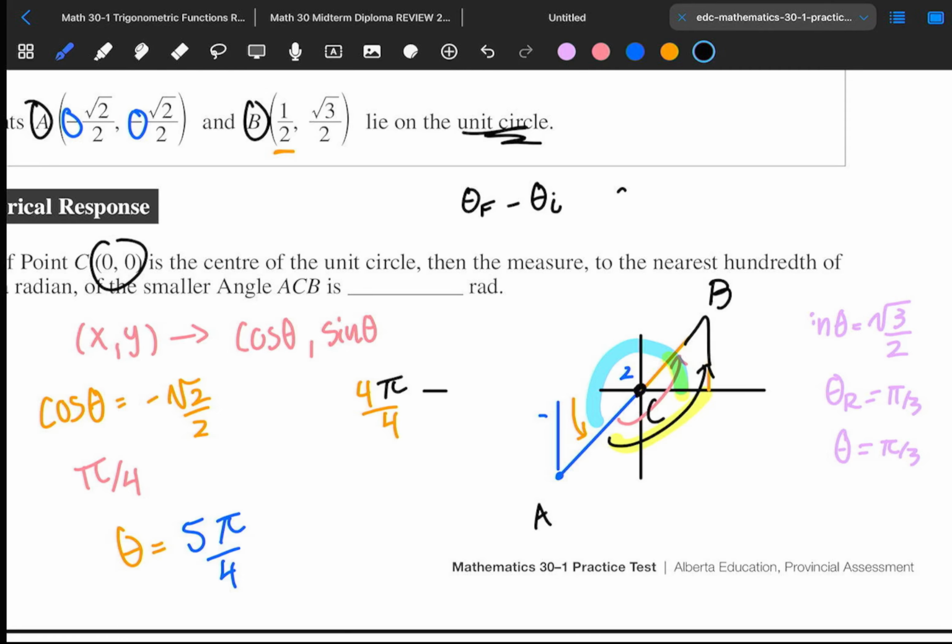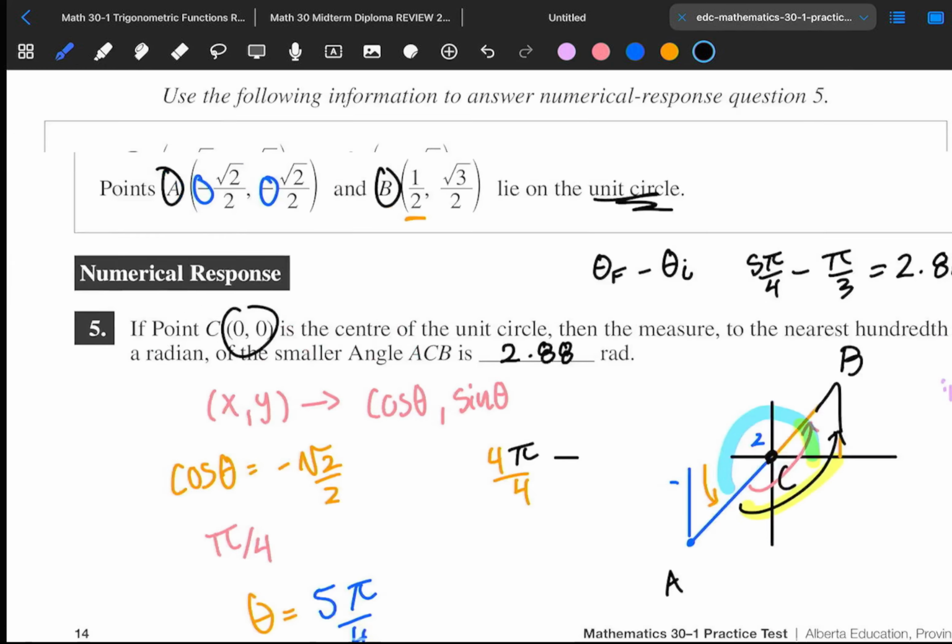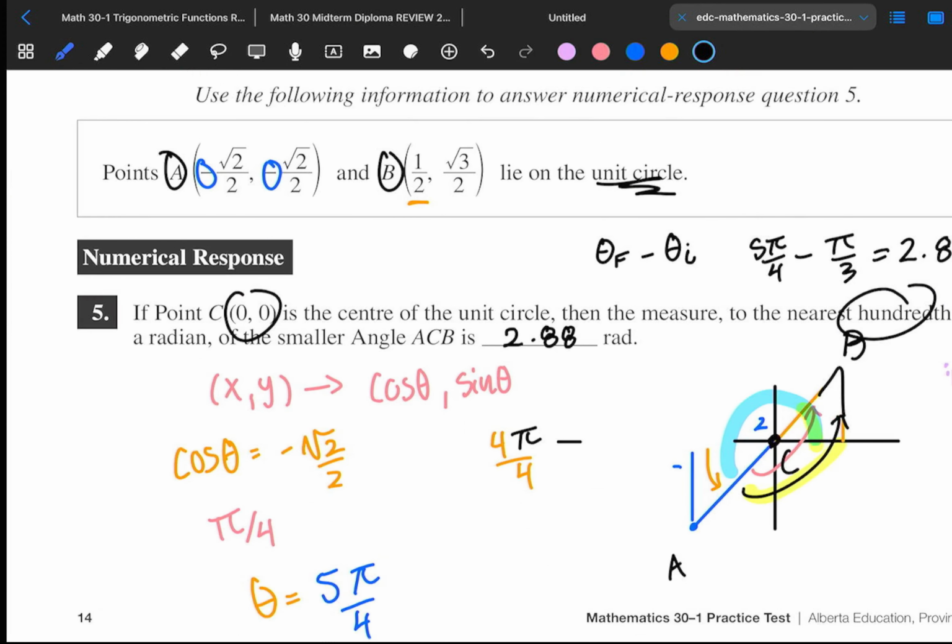Our final angle is 5 pi fourths, and we're going to subtract pi over 3. If you do this in your calculator, you're going to get 2.87 dot dot dot, but it'll round up to 2.88, which is what we're asked to do, rounding to the nearest hundredth.